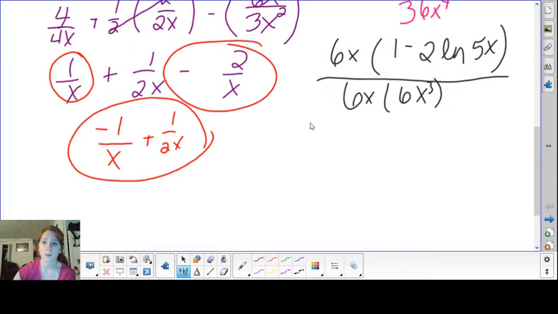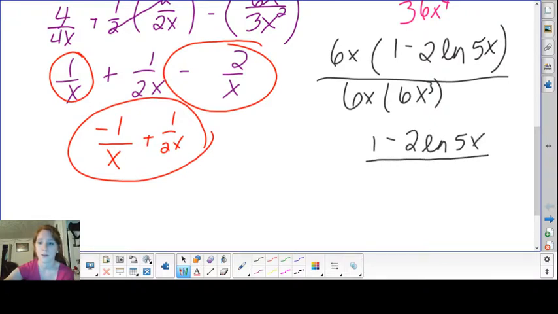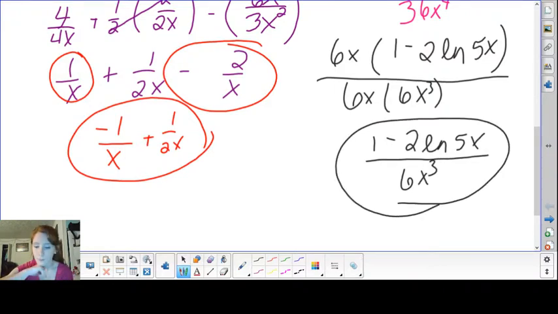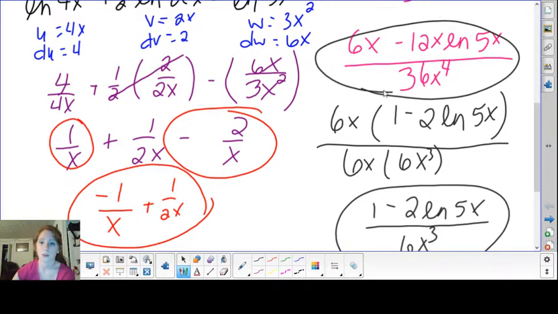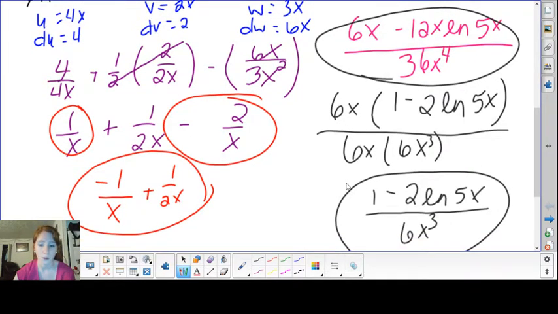So my simplified 100% final answer is 1 minus 2 natural log of 5x over 6x cubed. Also, I will take the original answer here. But if you wanted to do product rule and double check yourself, you should get this final answer.